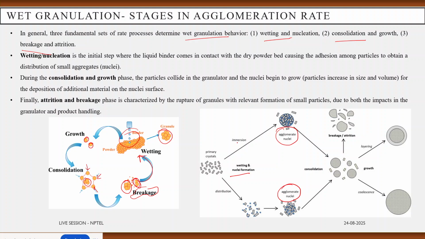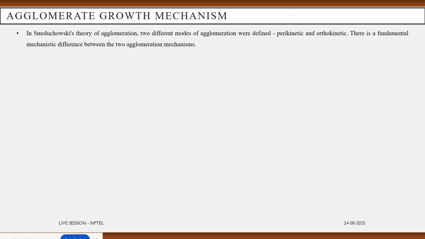It may be by immersion or by distribution. They can form different kinds of nuclei, and then they consolidate and grow, maybe by layering, or by coalescence, growing as a whole. At the third stage they break by impact force into relatively smaller particle sizes. I hope this is clear to you.